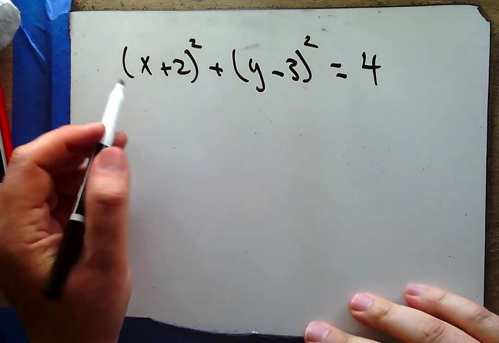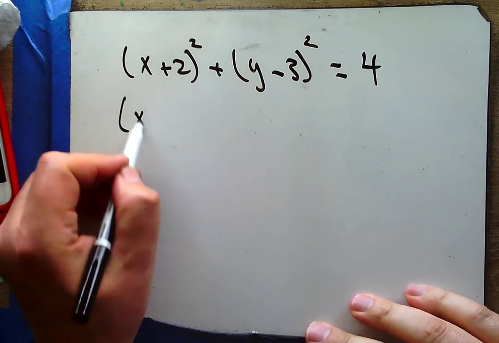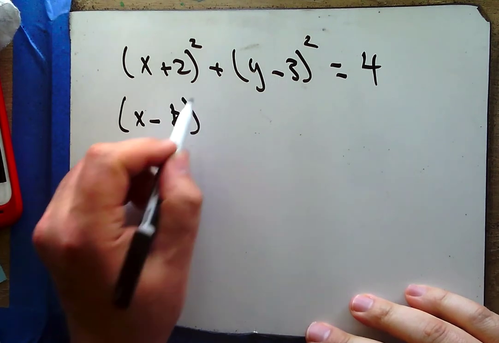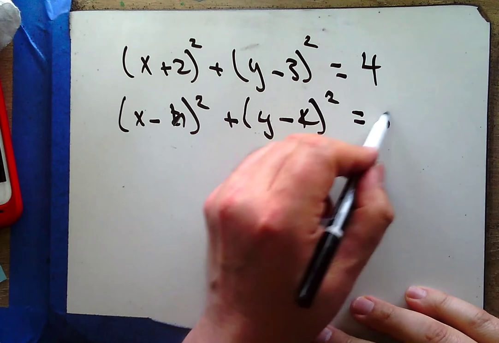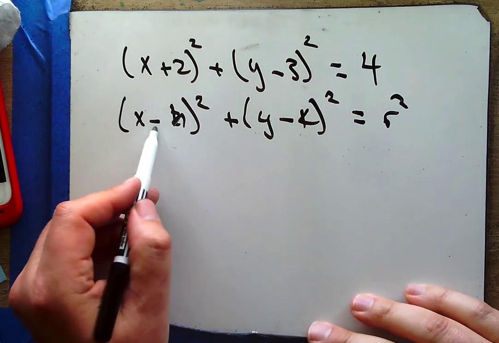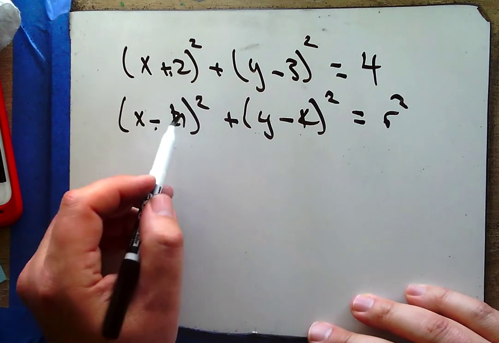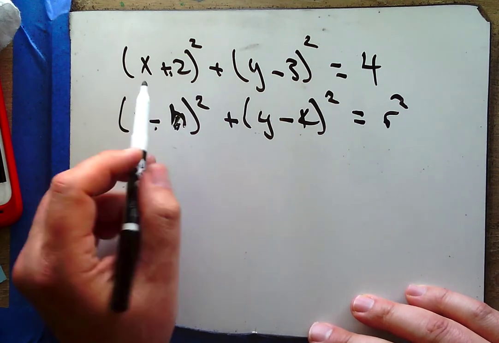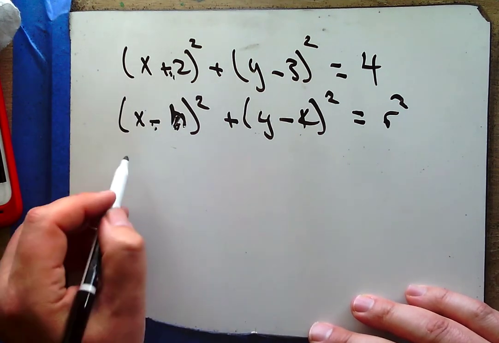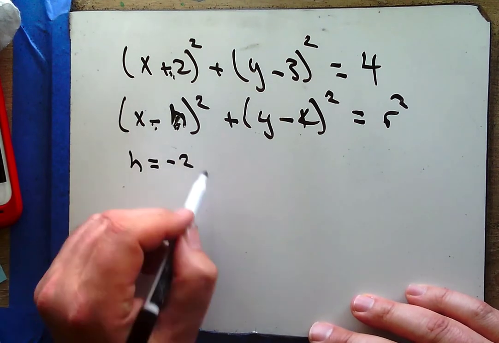Okay, welcome back. So I know the formula for a circle is (x minus h) squared plus (y minus k) squared equals r squared. I see a minus here, but I see a plus here. So what value must h have? So when I plug it in there, that turns to that. So I know h is negative 2.